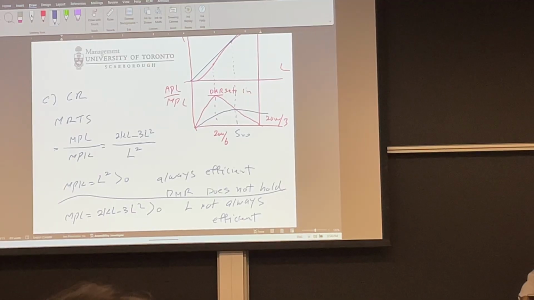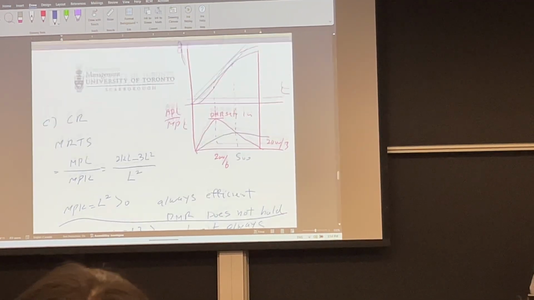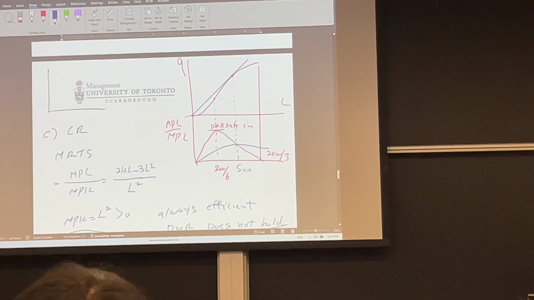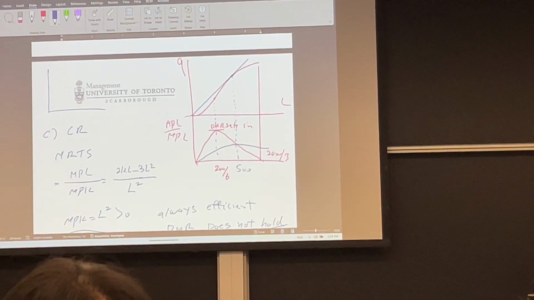Right? Make sense? Okay, so be careful when you graph the isoquant. It is not going to look like this. It's not going to be a convex smooth curve to the origin because the labor can be inefficient. It basically means if you use too much labor at some point, the isoquant will turn up. They become inefficient, right?